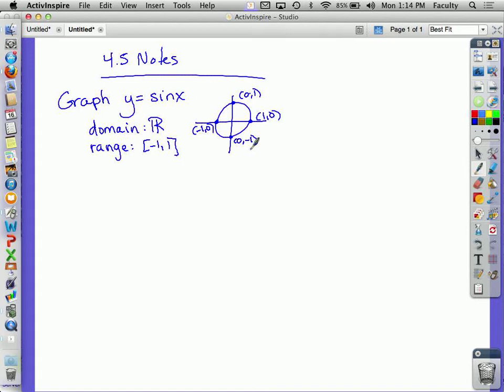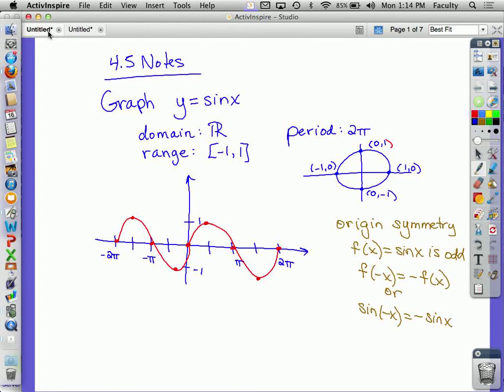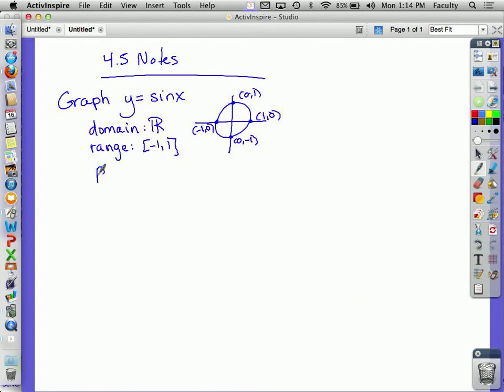And what else did I know? Domain, range. Oh yeah, the period length. Okay, and the period length is 2 pi.